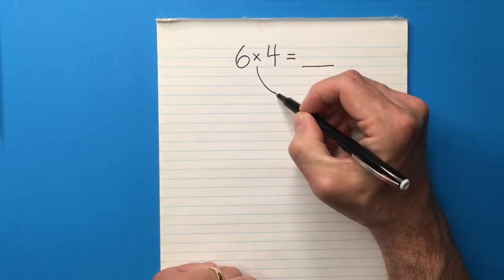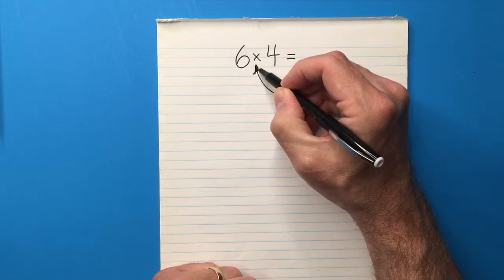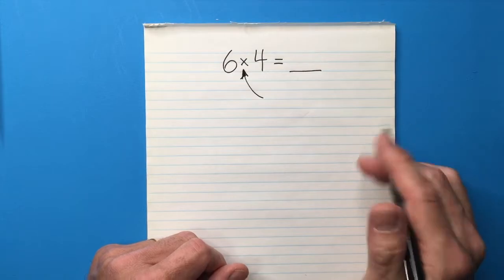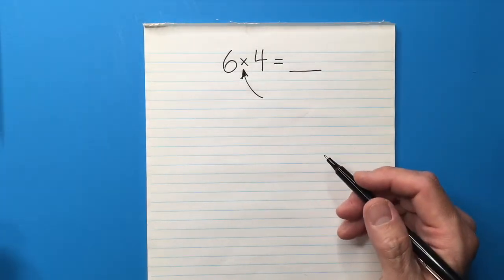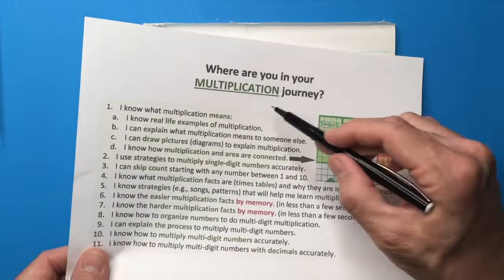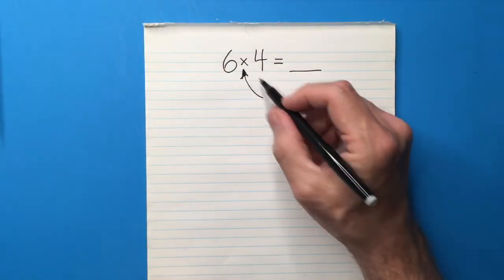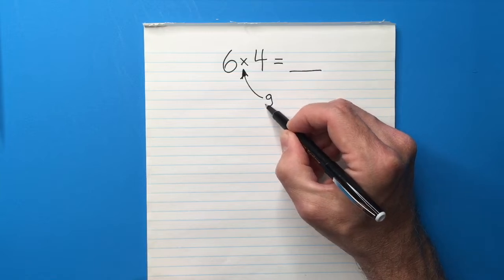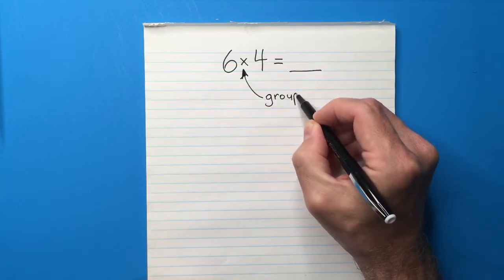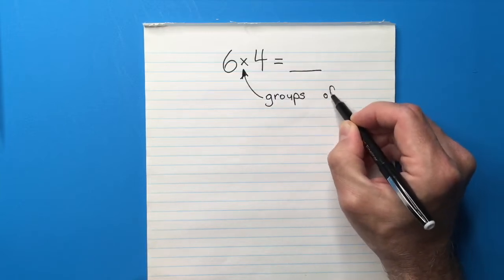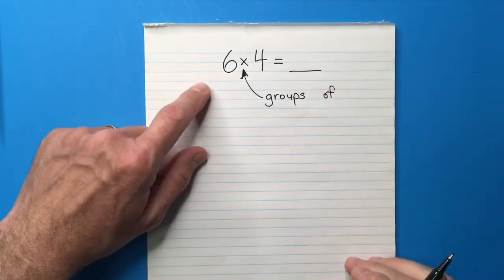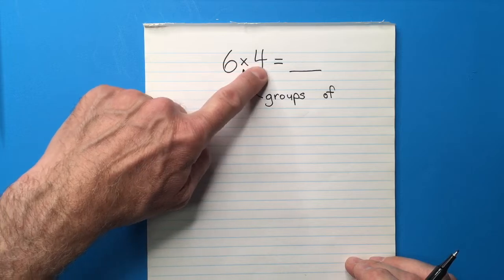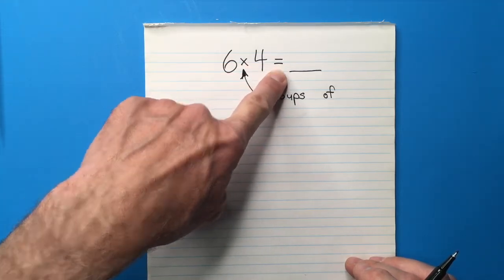Well, in class, when we were at school, and remember, a lot of this we've already talked about for a long time in school, but this is a reminder and also to try and help you figure out where you are in your multiplication journey. Sometimes you can take the times symbol and replace it with these words: groups of. So you might say instead of 6 times 4 equals, you could say 6 groups of 4 equals how much?